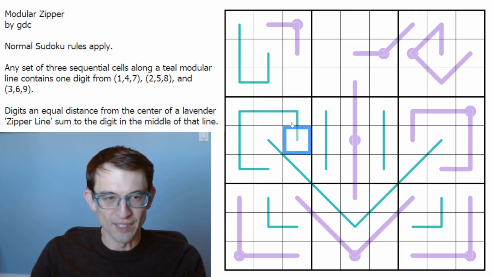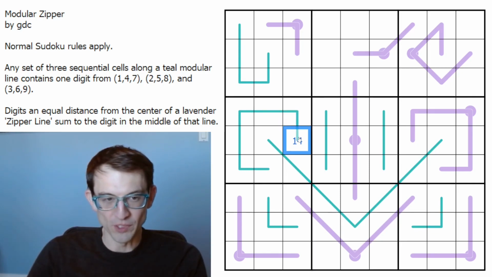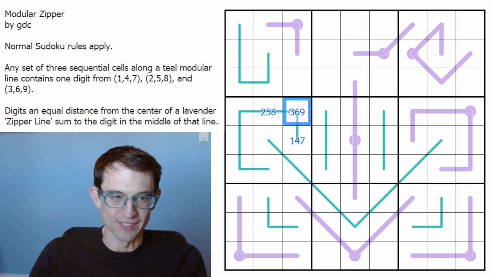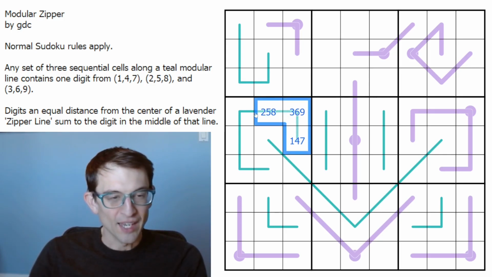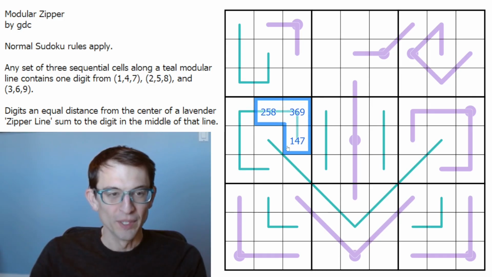And if we look at these lines, every set of 3 adjacent digits on the line must have one of each group. So if this were from the 1, 4, 7 group, then these two would have to be from the other group. Maybe you have a 2, 5, 8 here and a 3, 6, 9 here, something like that. And one of the tricks here that we'll see is that because every 3 digits has to have one of each group, if I look at this group, well, this has one each.